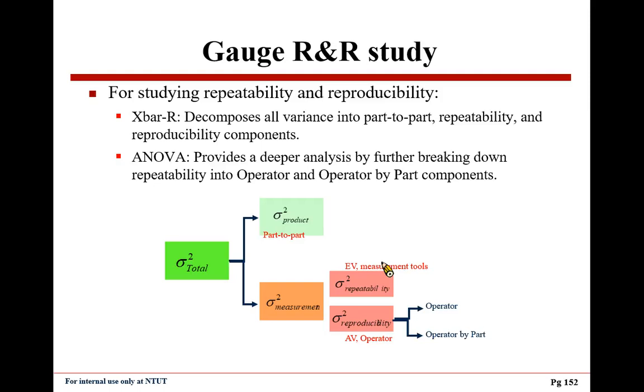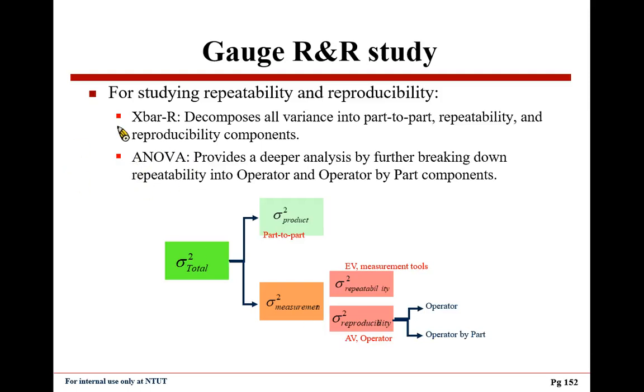So once again, we introduce that the tolerance in gauge R&R can be separated into the process and the MSA, and the measurement error can be divided into EV and AV.